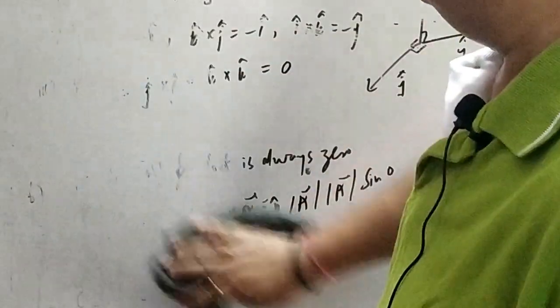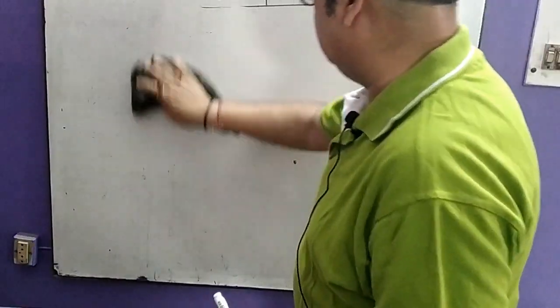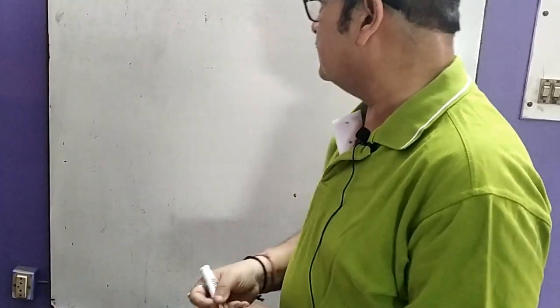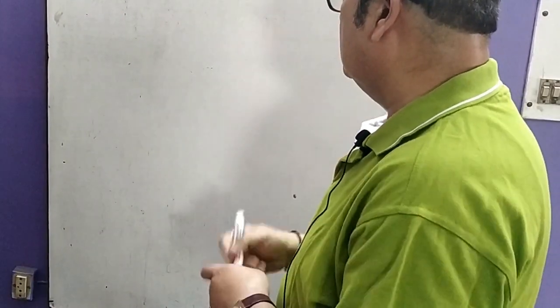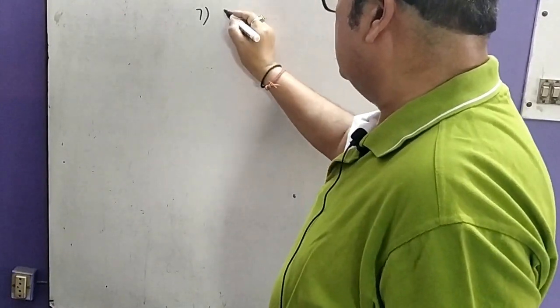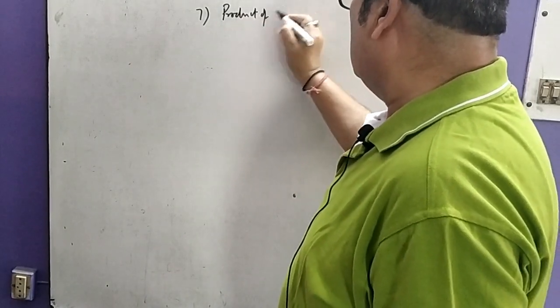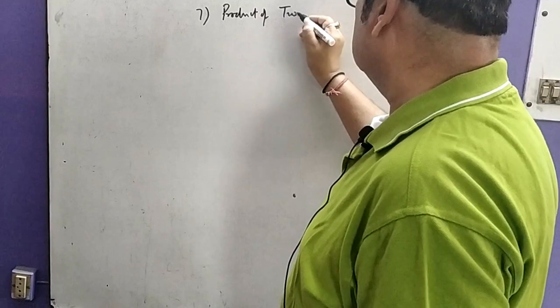And finally, we take how we actually express the vectors in terms of I, J, K. It is the final form, that is 7-1, product of two vectors.